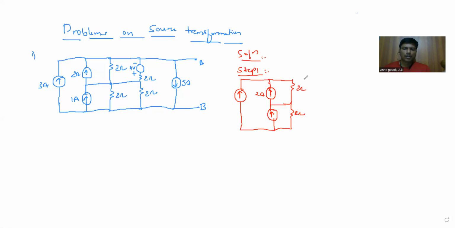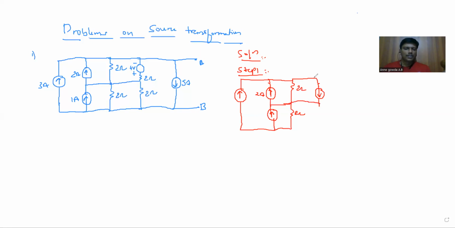If I'm converting this into a current source, according to the polarities of the voltage source, I am writing this current direction.